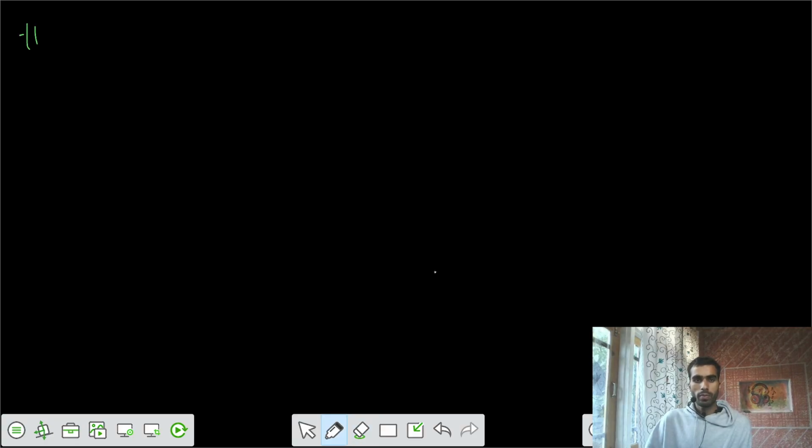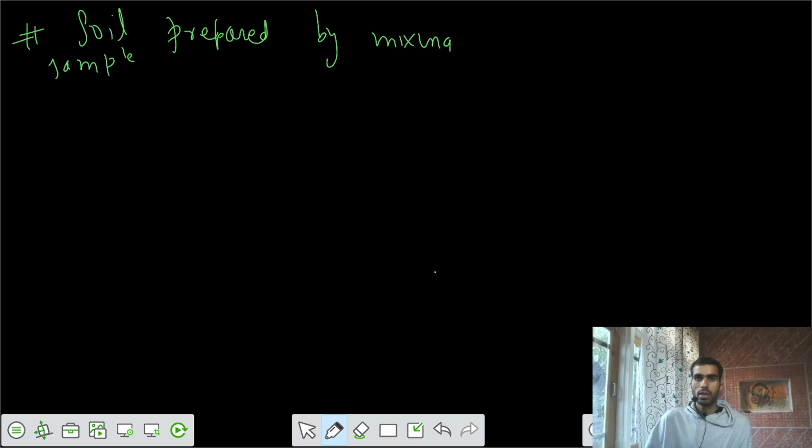So we have to prepare a soil. The soil sample is prepared by mixing dry soil at a water content of 10% of mass. So your water is 10% of the weight of solids. We have to mix the dry soil such that the weight of water is 0.1 times the weight of solids.